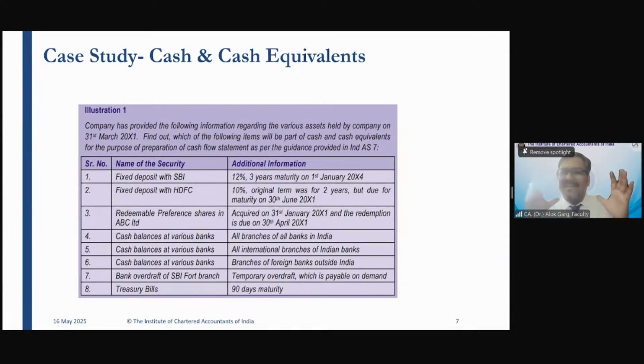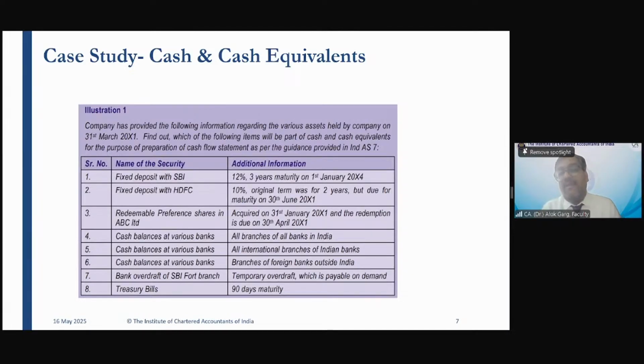So cash and cash equivalent, meaning assets, has to come on the asset side of the balance sheet. Bank overdraft has to come into the liability side of the balance sheet. Bank overdraft is a short-term borrowing. This change is not in the balance sheet. This change is in the cash flow statement, whenever you prepare and present the cash flow statement. So cash and cash equivalent can never be negative in the balance sheet, but it can be negative in the statement of cash flow.